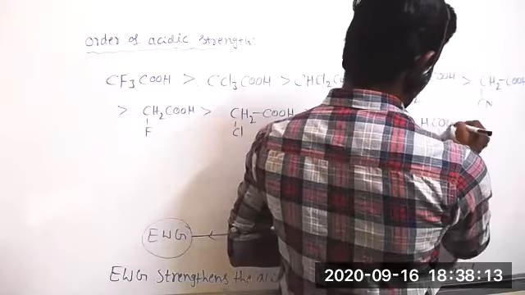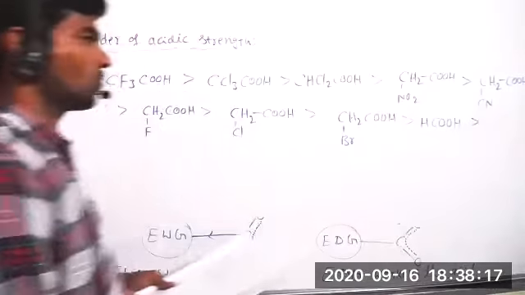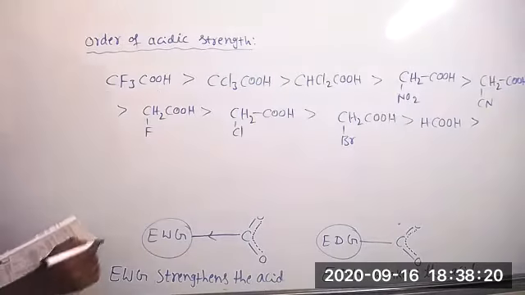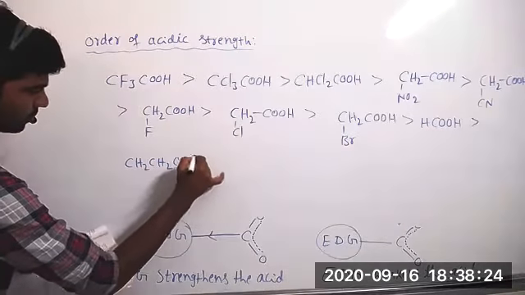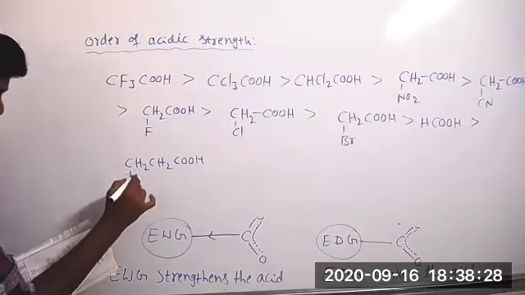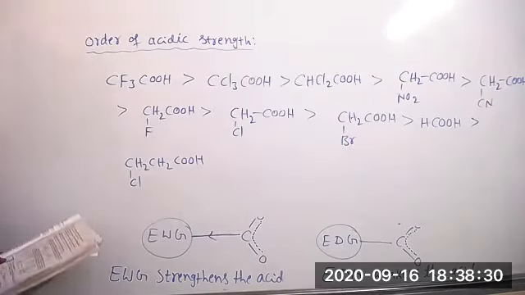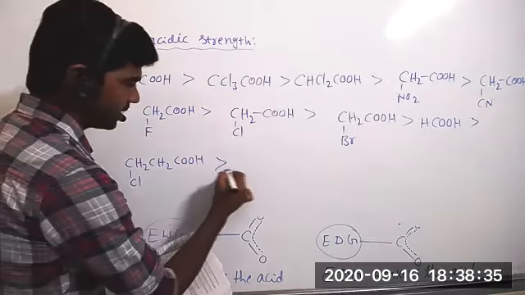Then formic acid, which is more acidic than benzoic acid.